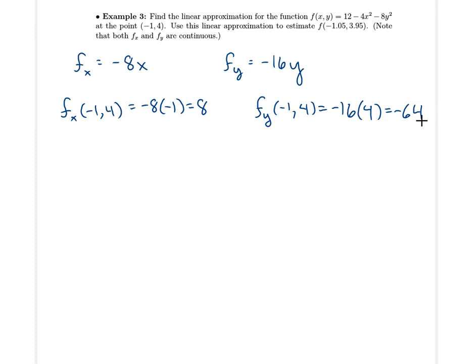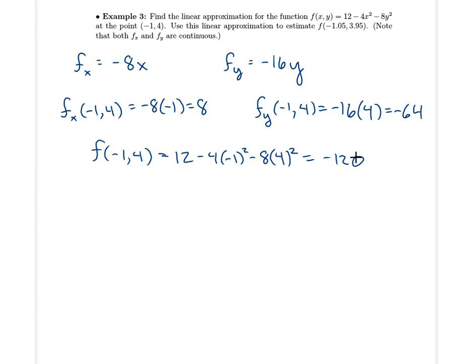So we need those partials, but we also need to know what is the function. What is the function at negative 1, 4 itself? What's kind of our starting value there? And so that's going back to the original function. And when I crank that out, I get negative 120.